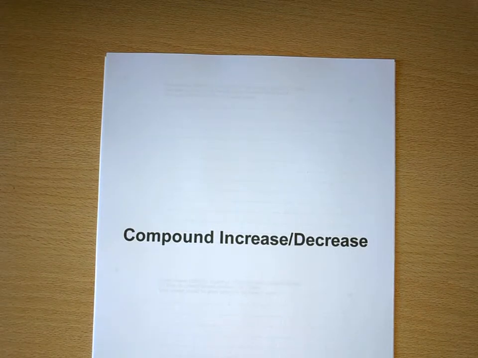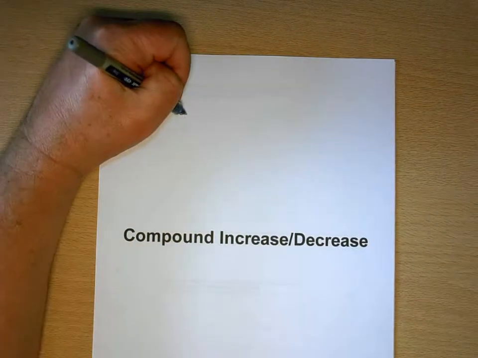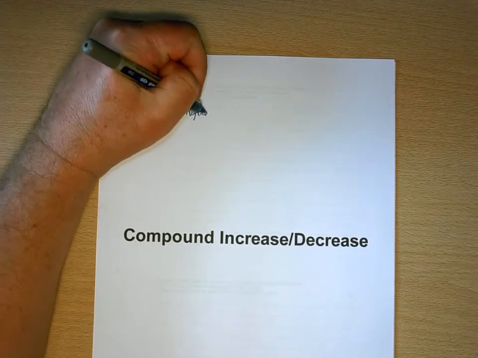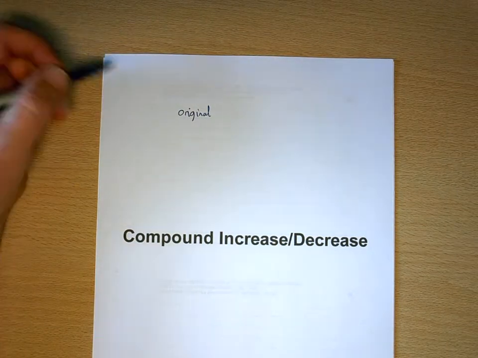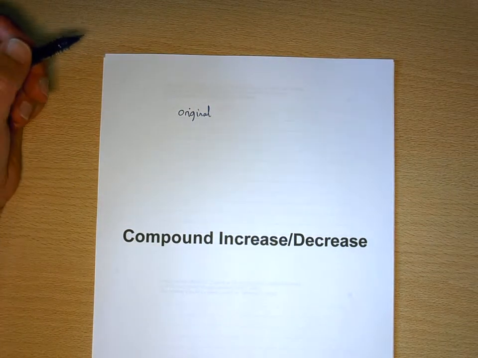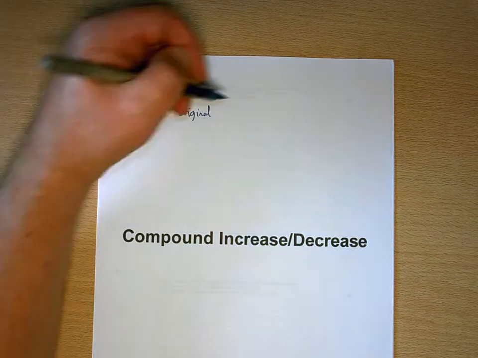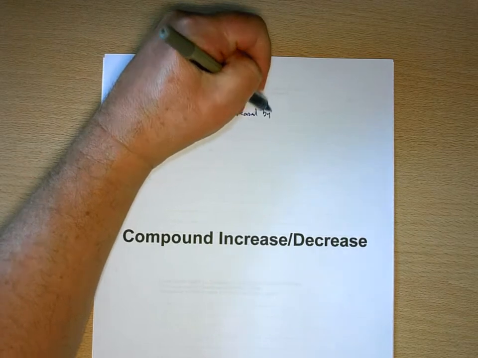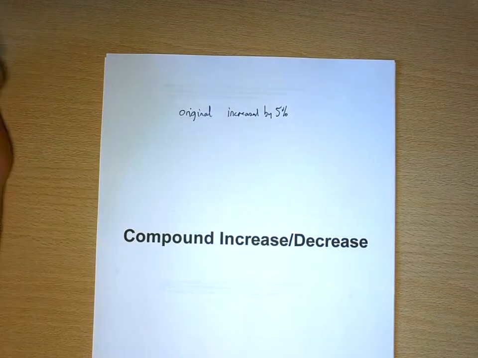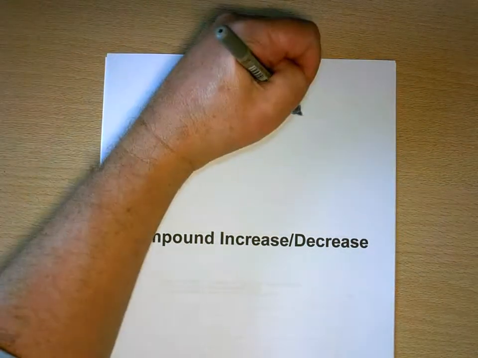And the way that formula works is that if you're given an original amount, and let's say that original is going to be increased by 5% every year for 10 years.